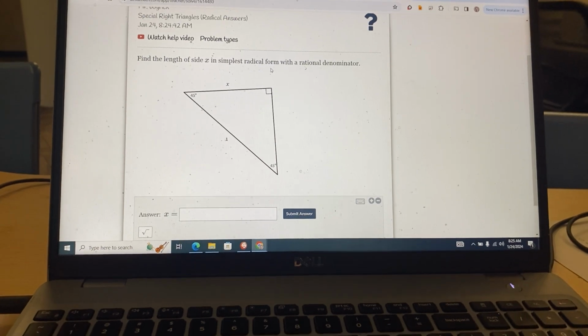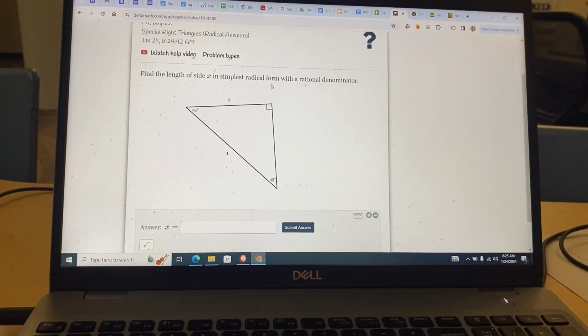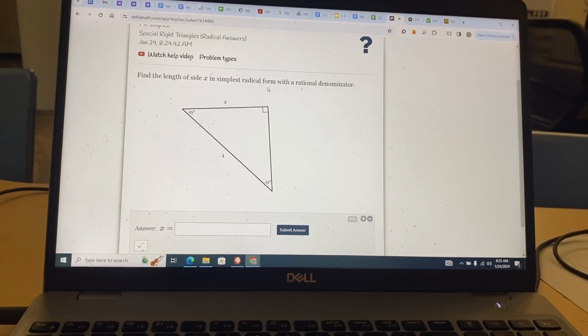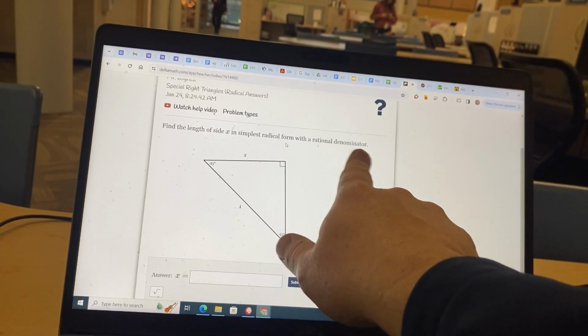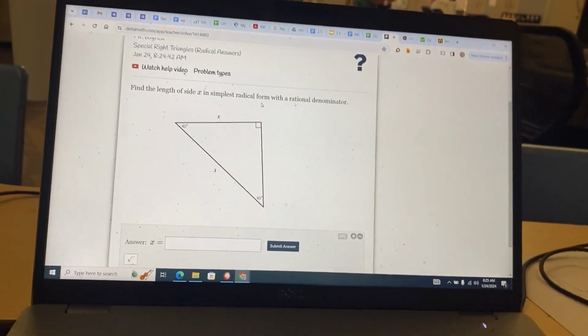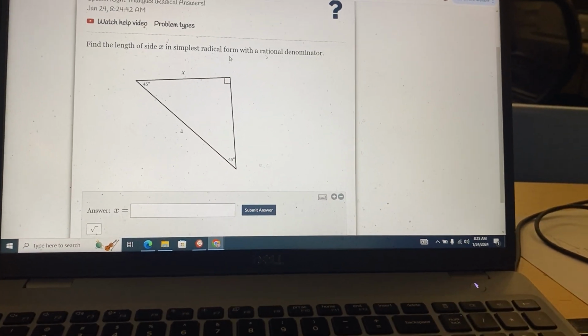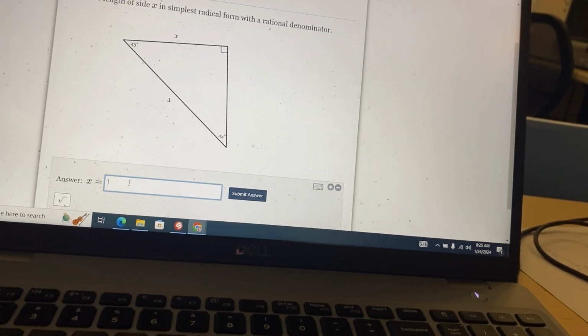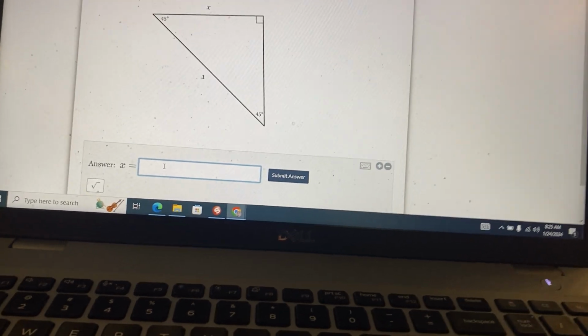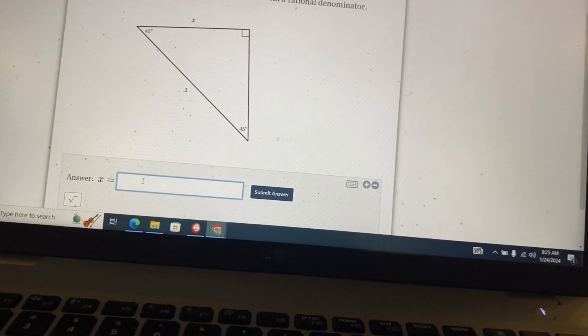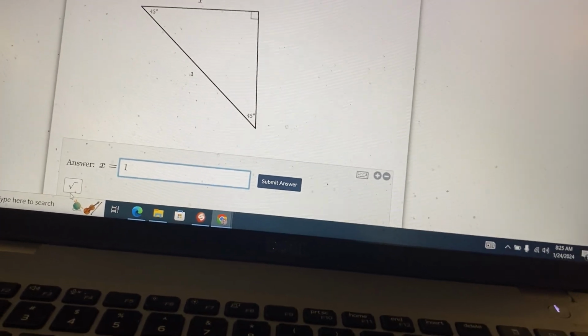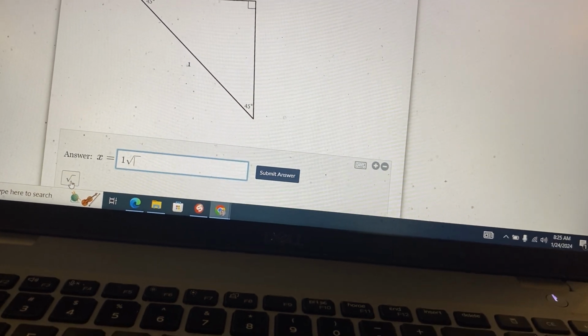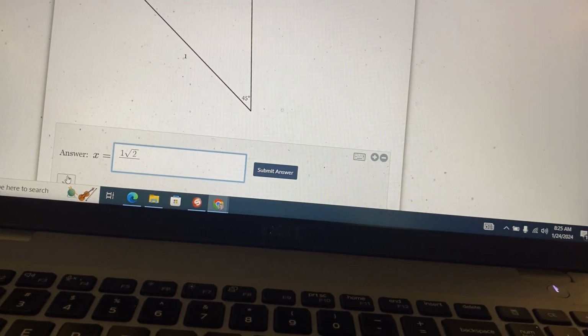You can't leave the square root of 2 as the denominator because it's irrational. It doesn't have an end to it. So I'm going to multiply by square root of 2 over 2. So this is 1 times square root of 2, and I'm going to put that whole thing over 2.